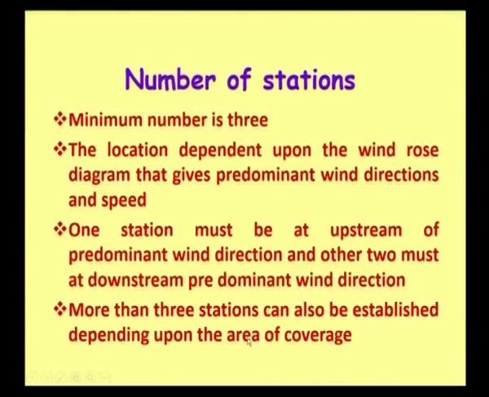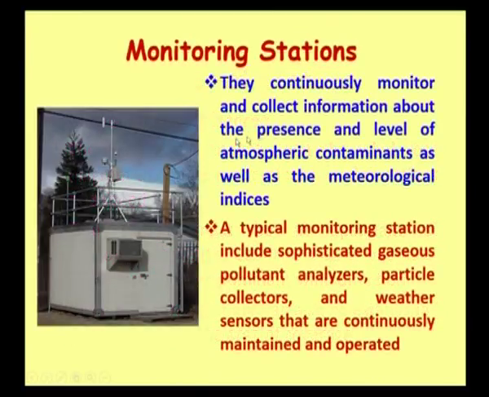3 is a minimum condition, but you can place as many as possible, 6, 7, 8, depending upon the accuracy that you want. And this is a kind of monitoring station, continuously monitoring. Nowadays they are packed, that means if you are constructing a monitoring station, it will monitor most of the material.